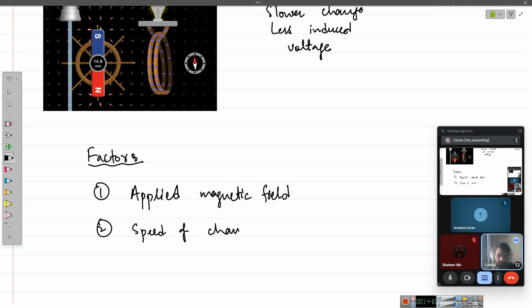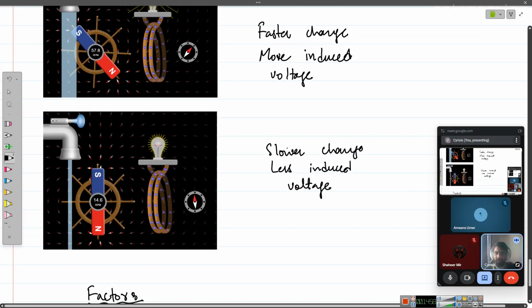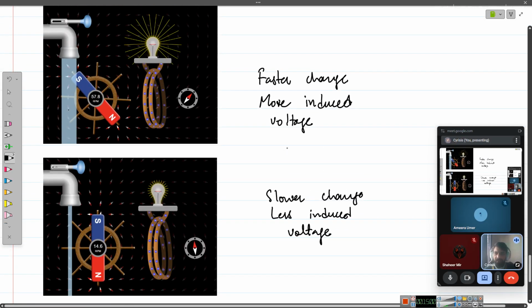Speed of change, which we just saw with this diagram. We said that phi is basically the change in magnetic field. The faster it changes, the more voltage. And that can be representative of the force we apply. The more force we apply, the faster we can move this wheel, which we saw when the greater water flow was able to rotate this faster.